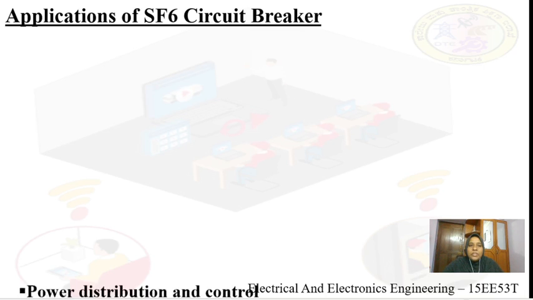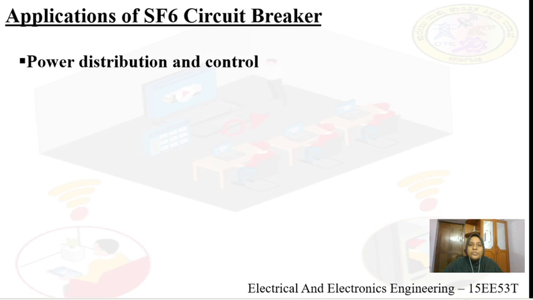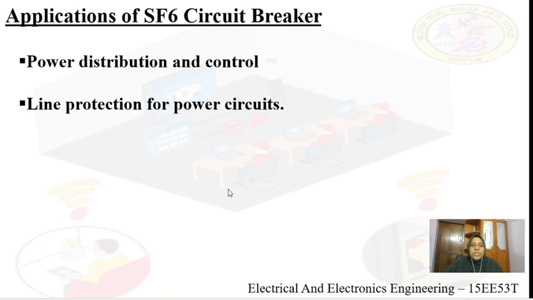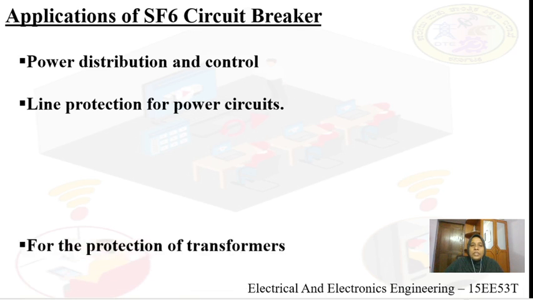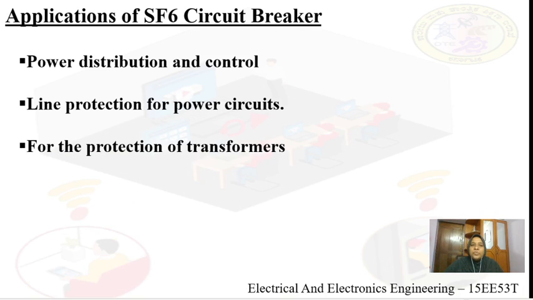Now let us try to understand the applications of SF6 circuit breaker. The first application is power distribution and control. So it is used in power distribution and control systems. Next, it is used in line protection for power circuits. In the power circuit for line protection, we are using this SF6 gas circuit breaker as a protective device.